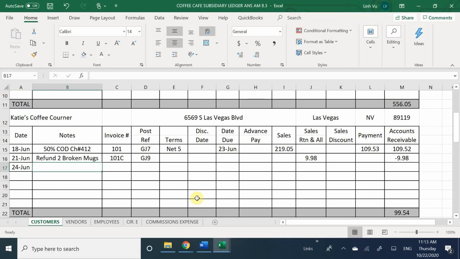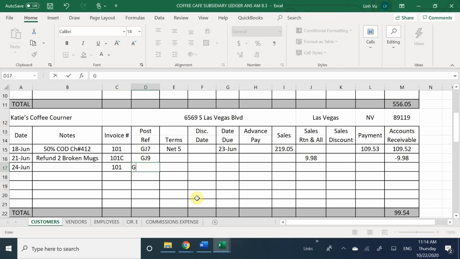Okay, invoice. We have the invoice already. We have the invoice number. GJ 13. I'm not sure what to put in there. Okay, so put reference number: invoice 101, GJ 13.